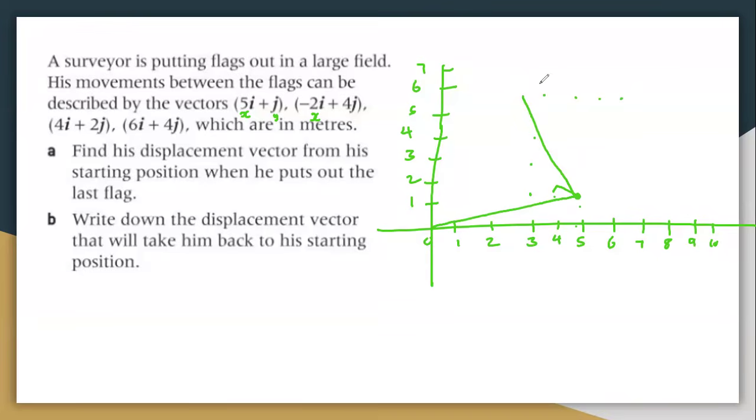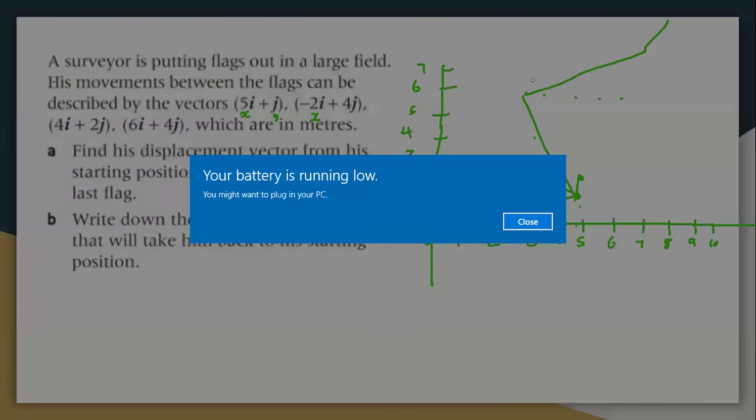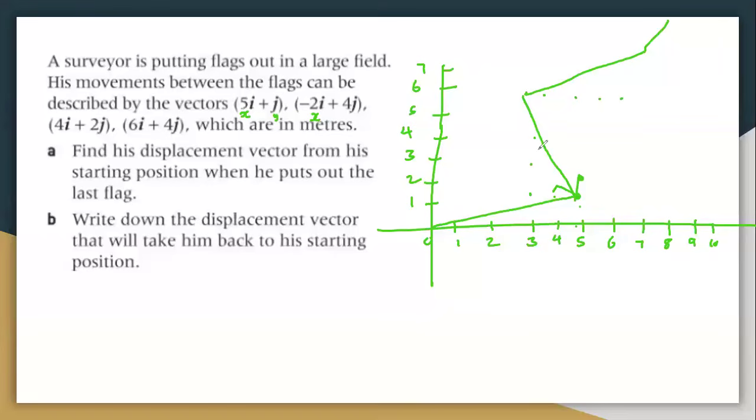So he will be somewhere here. Then 6, then he moves up. So your thing will be something like that, whereby you have a flag here, a flag here, a flag here, like that.